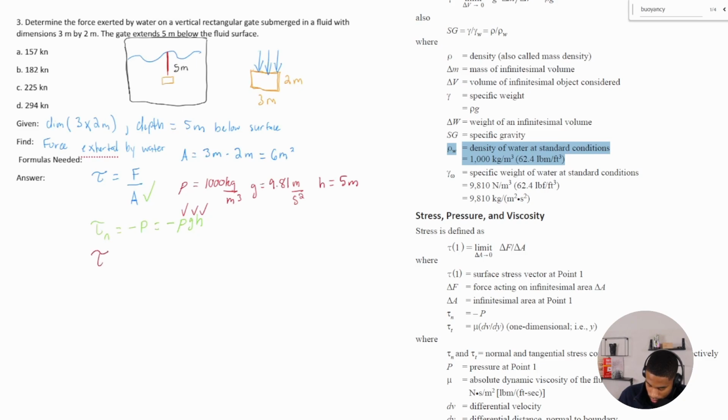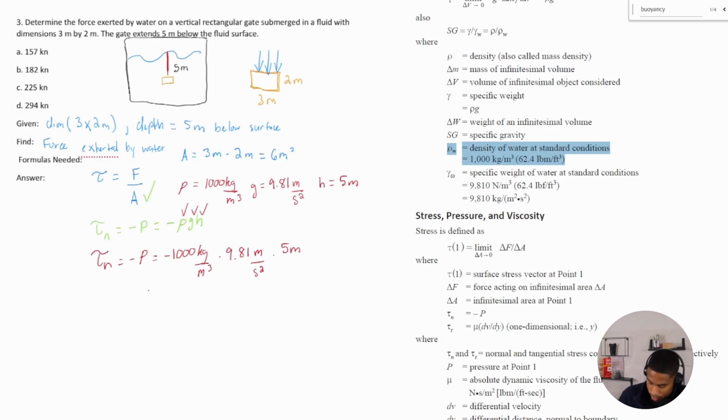So T sub n is equal to negative P, which is equal to negative 1,000 kilograms per meter cubed times 9.81 meters per second squared times 5 meters.